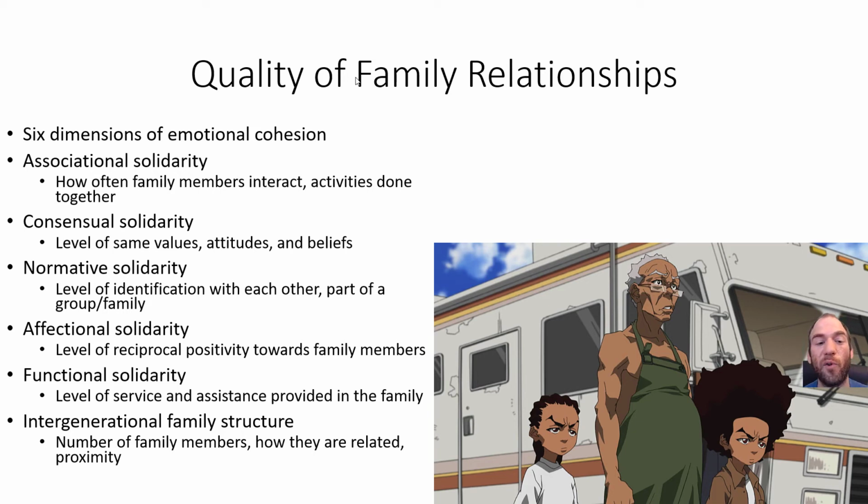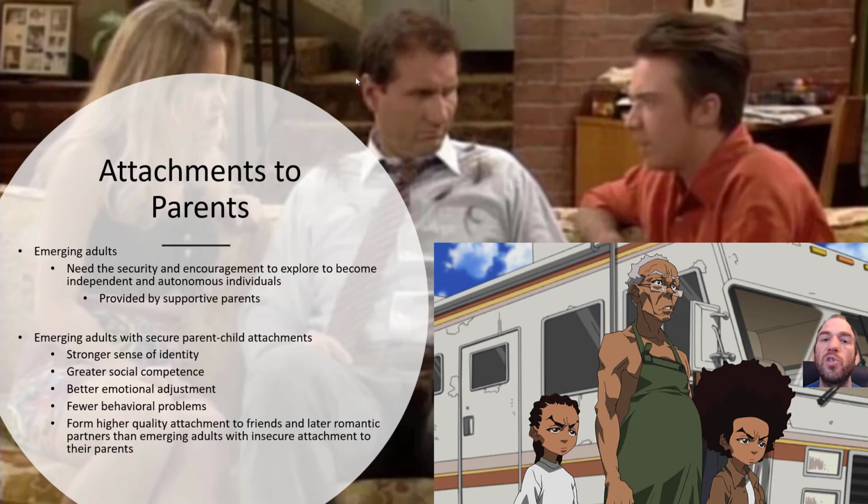And it's kind of straightforward here. If you have different values, different attitudes, and a somewhat one-sided relationship, with one person doing all the providing of assistance, emotional support, and positivity while no one else does, it's a one-way street, unidirectional, obviously contributing to a lower emotional cohesion within a family structure.